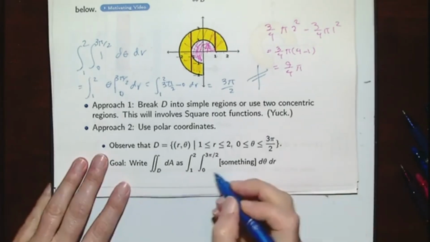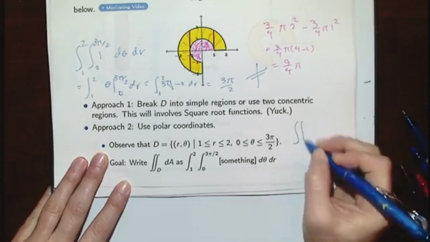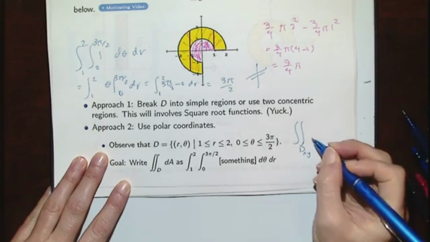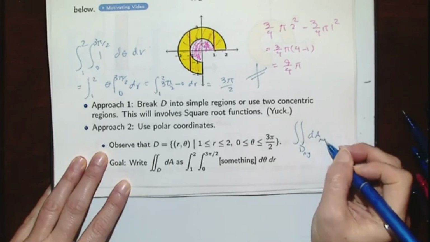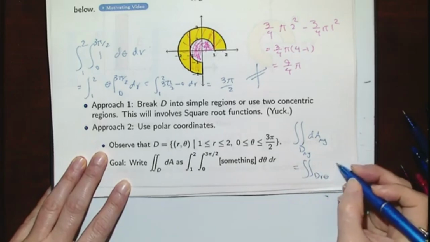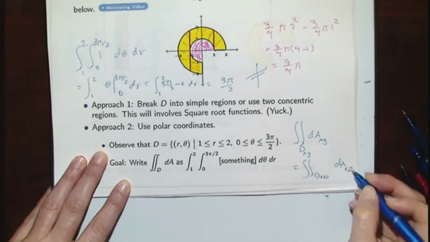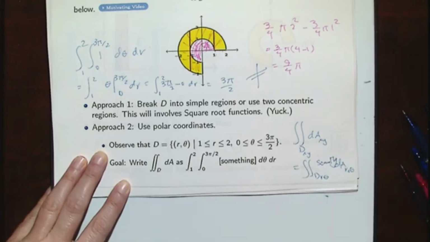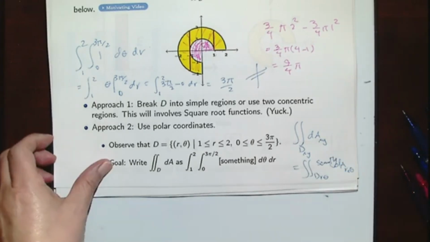If you're changing the variable to r and theta, this is the region in x and y, dA of x and y. If you're changing that to the region in r and theta, dA of r and theta, you need something here. That something is the area scalar.